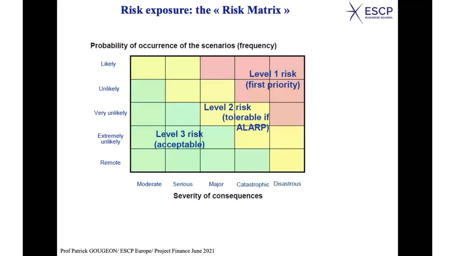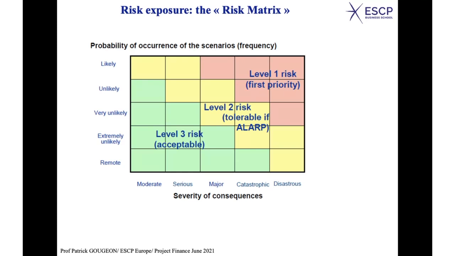If it's in the green area, it would usually be considered acceptable, because its impact is moderate or not too strong, or if it is strong, it is so unlikely that you can accept that it will not occur. You know it may occur, but it's so unlikely that you accept the idea that you have to take some risk in life, and it remains acceptable.